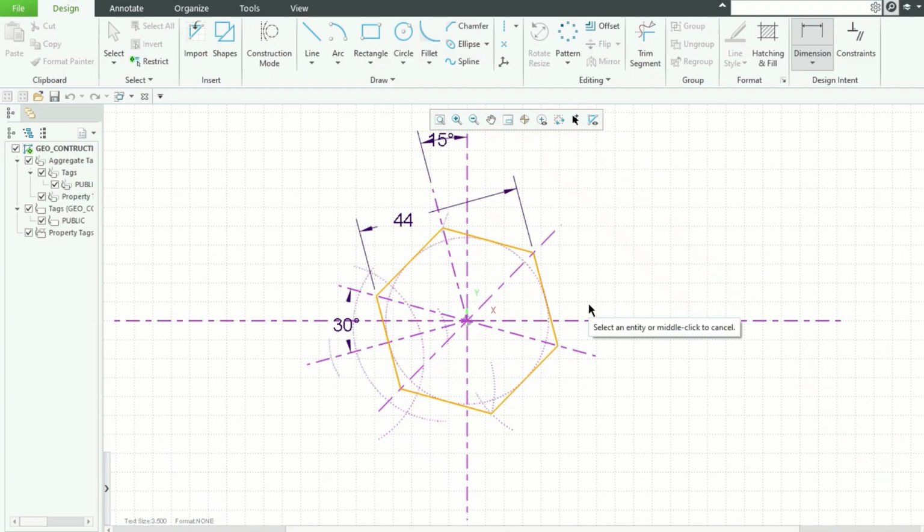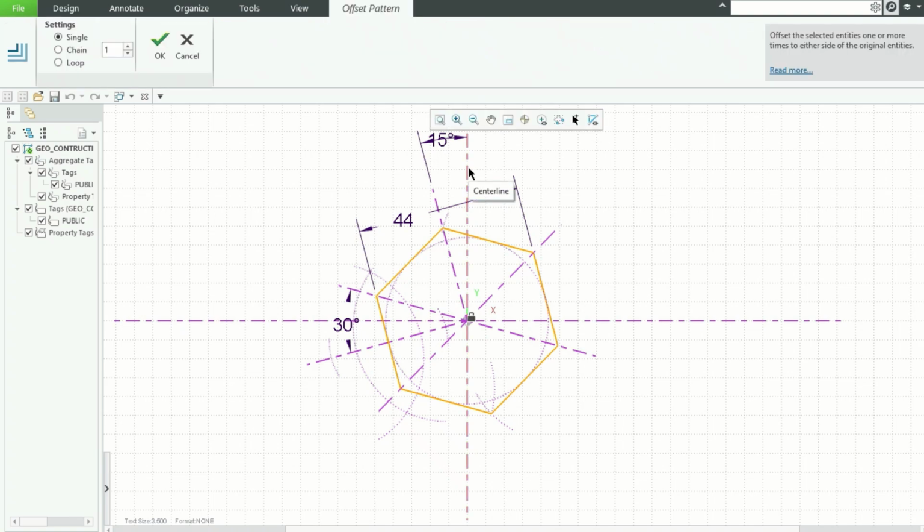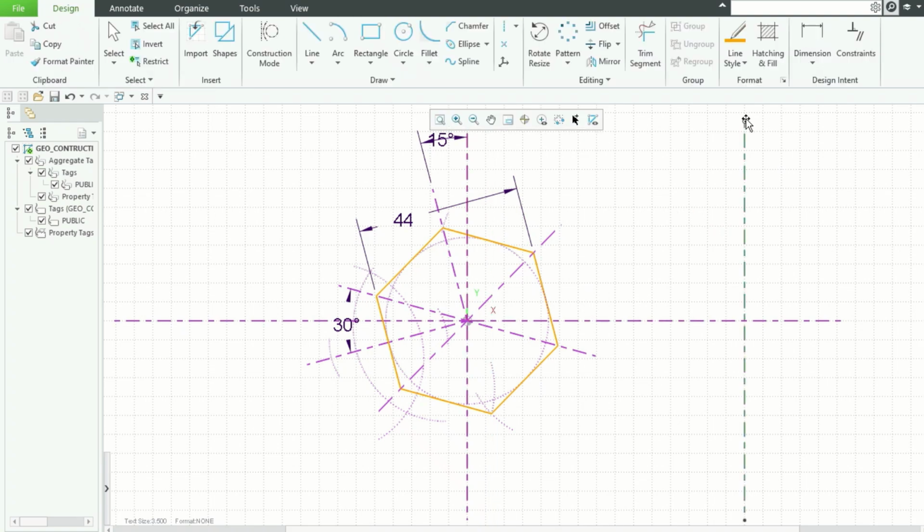After that hexagon is done, let's draw some parallel lines. This line means offset in this software at 75 mm. Okay, let's make it simple.